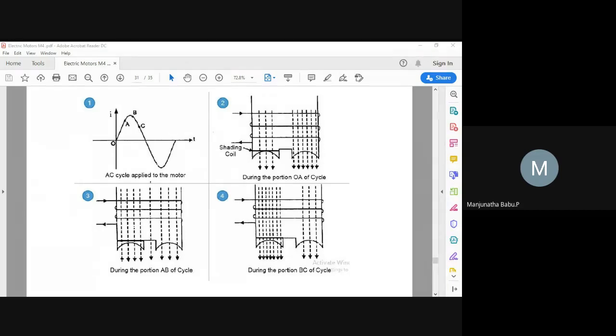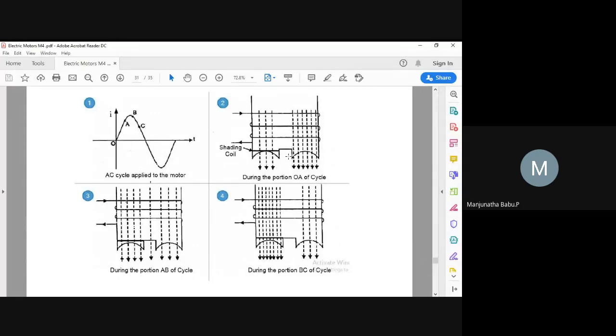Now, if you see the waveform, that is portion OA. During portion OA, the current is rising, and hence the flux will be very high. Due to this, a large EMF gets induced in the copper shaded portion. In figure 2, the EMF produced will be more.